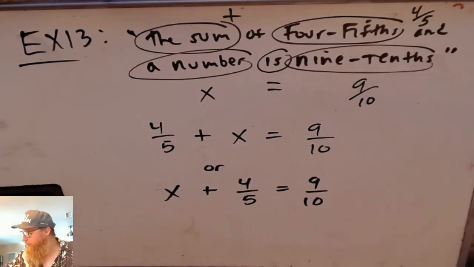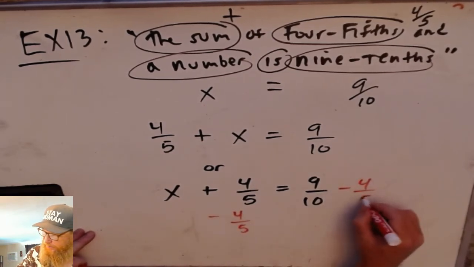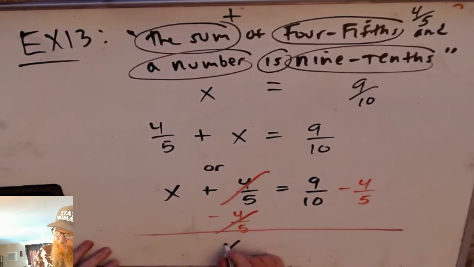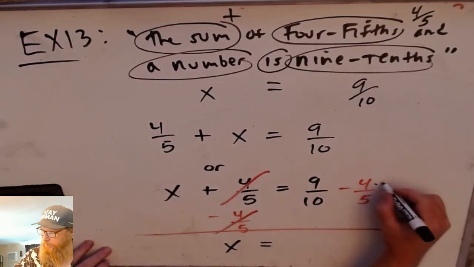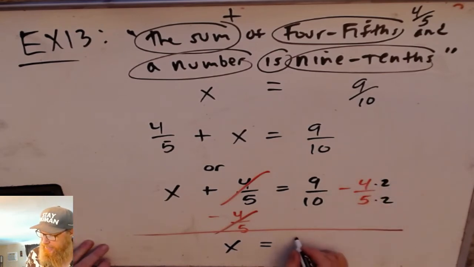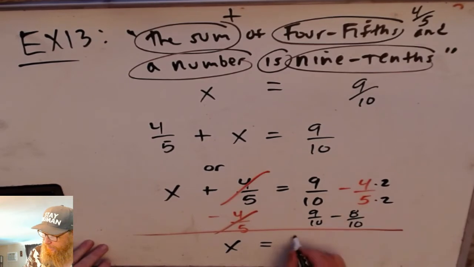Now you have to solve this. So we're going to subtract 4/5. And I get x equals, we'll multiply this one by 2 in order to get an LCD. So that'll be 9/10 minus 8/10. So the answer is 1/10.